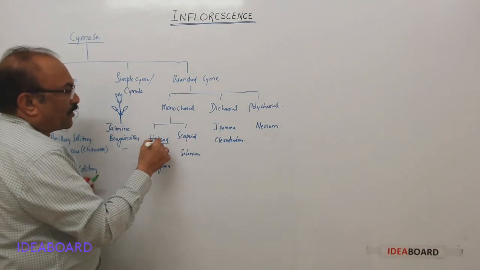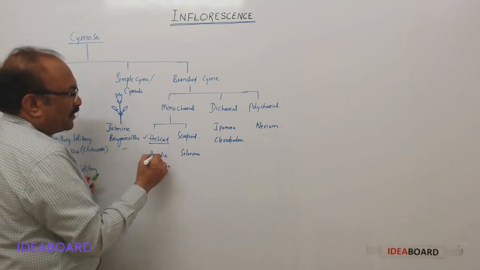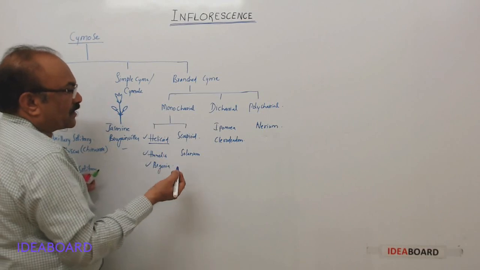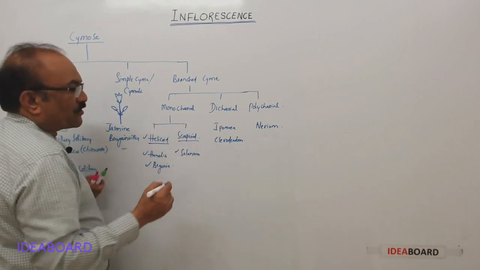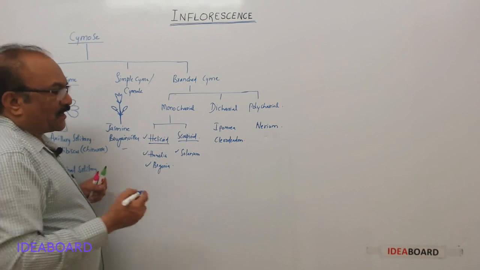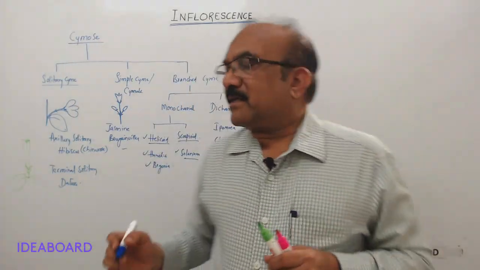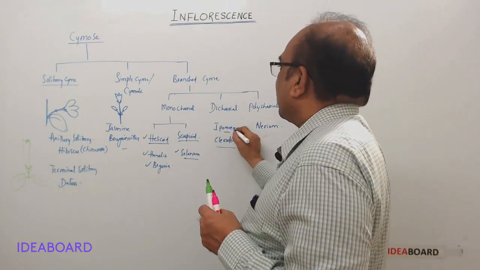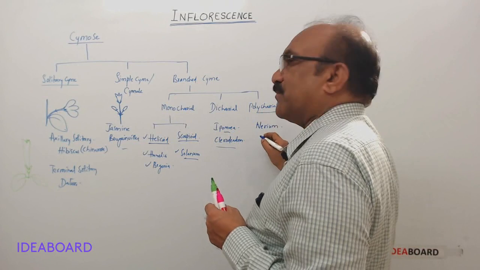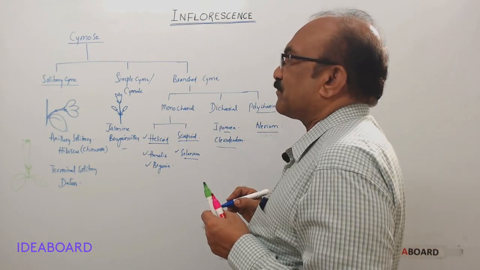If all branches are formed on one side, it is called helicoid cyme, examples Hemerocallis, Begonia. If they are formed in zigzag fashion, it is called scorpioid cyme, and the example is Solanum. The dichasial cyme example is Ipomoea and Clerodendron. And the polychasial cyme, where many branches are formed, is Nerium.